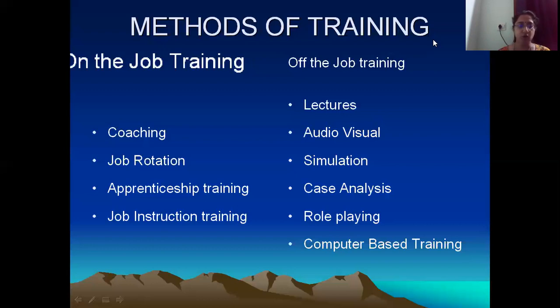Like as I had already told you, the case of a potential or future CEO gets coached by the CEO of that company. So they have recognized a person, and they are training them so that in the event of the CEO stepping down or leaving the company, that particular person can occupy the position of the CEO.